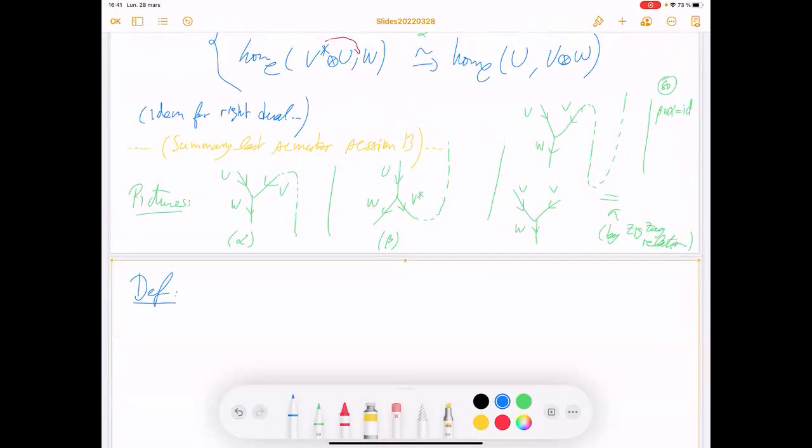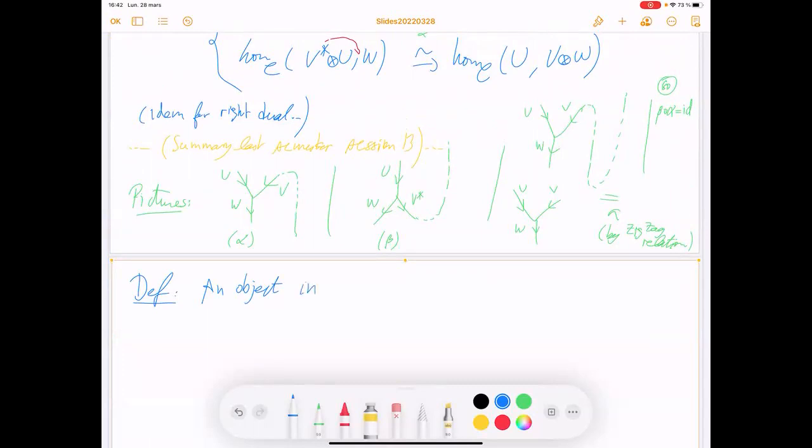And now let's come back to rigid monoidal categories. A rigid monoidal category is a category where all the objects are rigid.